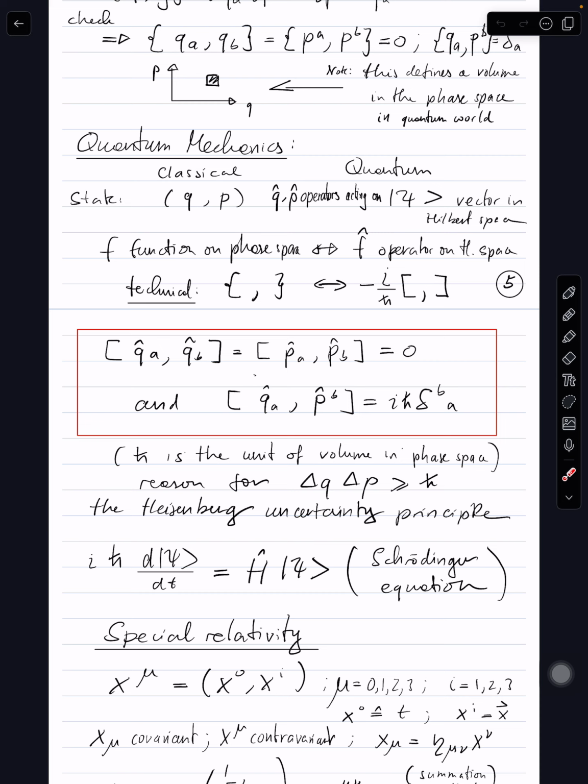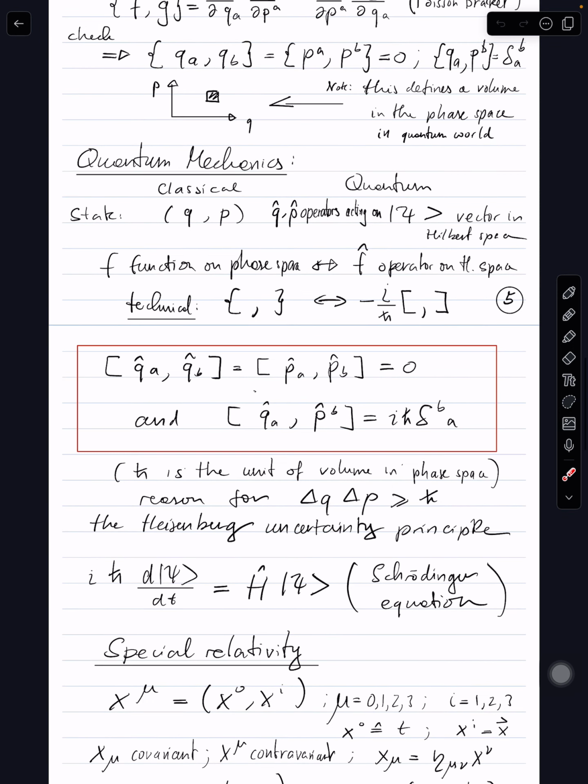Then the commutator of q and p for a particle is i h bar. As we said before with the Poisson bracket, there's a fundamental area or volume in the phase space, and in quantum mechanics this fundamental non-commutativity of positions and momenta defines a finite volume in phase space that we can't resolve beyond.